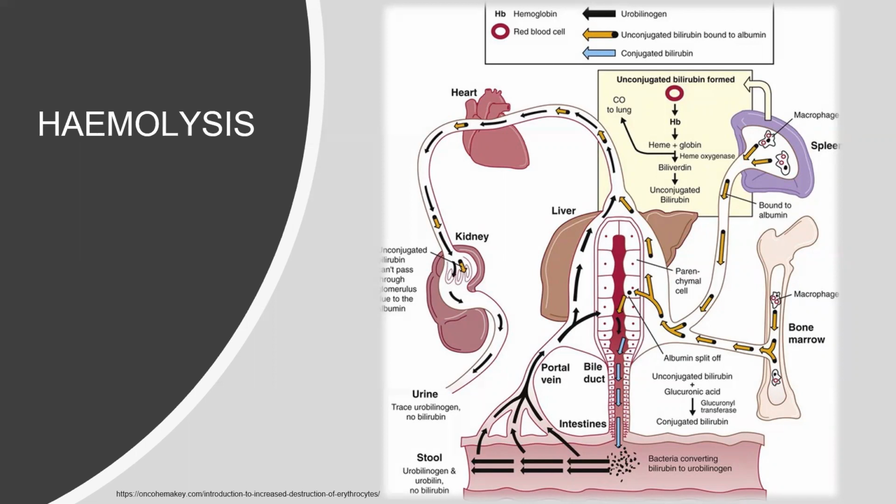So this is in general how hemolysis occurs in physiology, but it is very important for you to understand the different stages of physiological normal hemolysis in order to understand what clinical conditions and lab findings we can see during different pathological states.